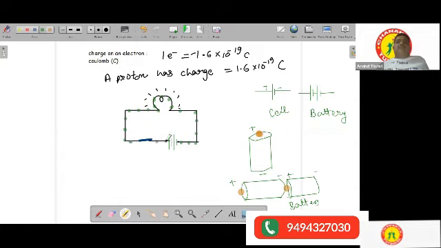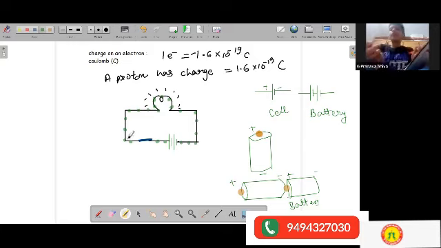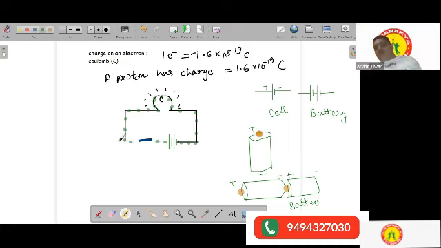So how does a bulb glow? Can anyone explain? How does a bulb glow when connected to a cell or a battery? Sir, the negative charge from the battery will pass through the wire and go to the bulb, which causes it to glow. Yes, the negative charges from the negative terminal of the battery pass through the wire, pass through the bulb, and reach the positive terminal of the battery.